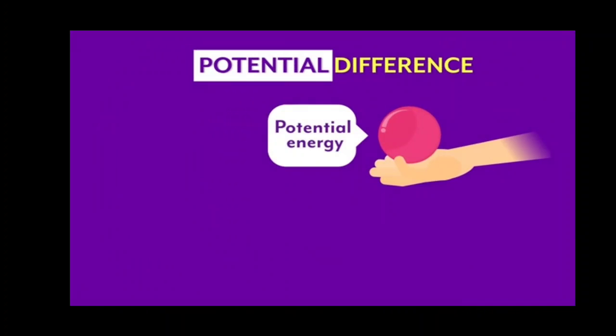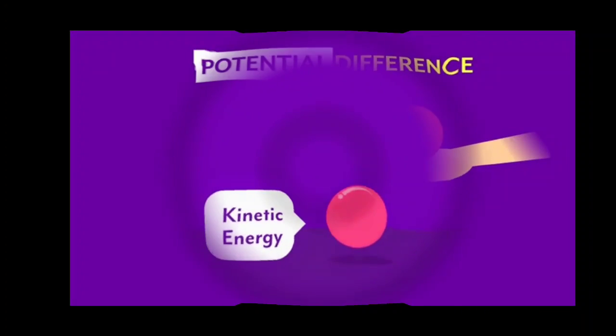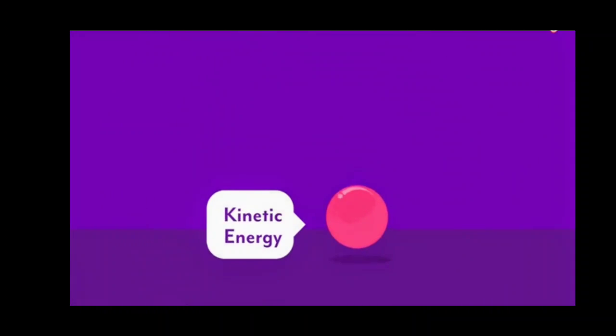And when you drop this ball, the ball keeps on moving down, and the height of the ball keeps on getting reduced. So there will be a decrease in the potential energy. And finally when it touches the ground, the potential energy will be totally zero, and after falling on the ground it will keep on moving.